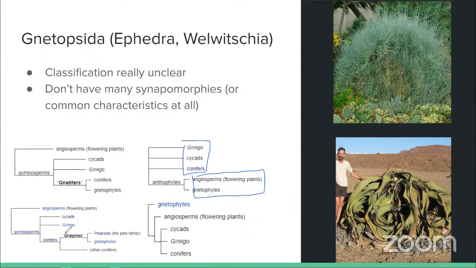Now we have another hypothesis that the gnetophytes are related specifically to the pine family. Seems a little crazy, but there is some molecular evidence that supports this as well. And then they used to also think that gnetophytes just branched off separately very early, and the separation of angiosperms from these other three groups within our gymnosperms happened later.